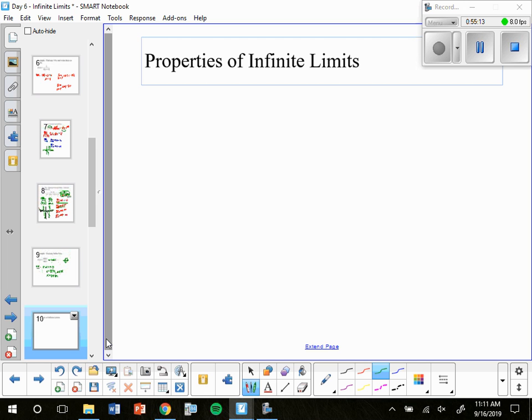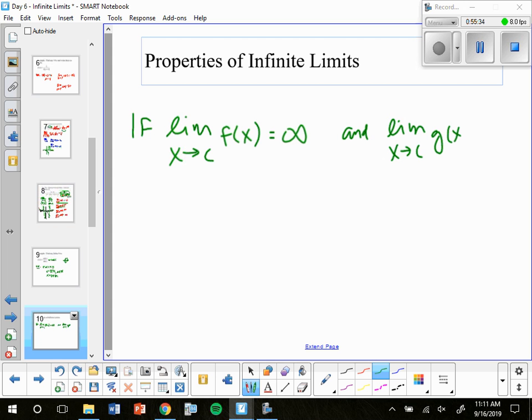Some quick properties of infinite limits. We're going to start with two scenarios. If the limit as x goes to c of f of x is infinity, and the limit as x goes to c of g of x equals L. Those are sort of our hypotheses.